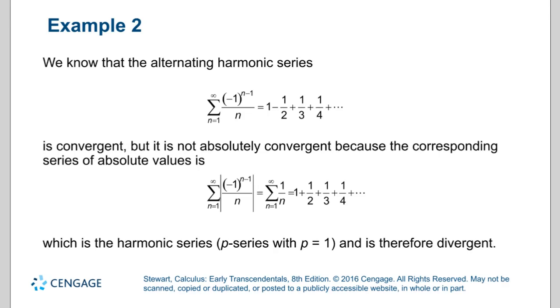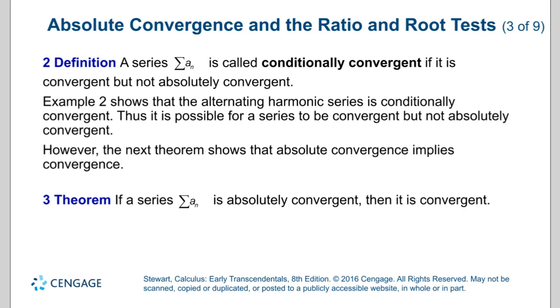So, unlike the last example, this series is known as conditionally convergent. Conditionally convergent means that a series is convergent, but it's not absolutely convergent. So the alternating harmonic series is convergent, and it's conditionally convergent because the harmonic series is not.